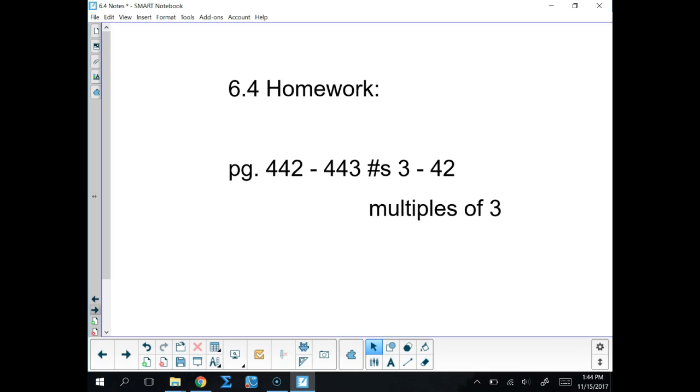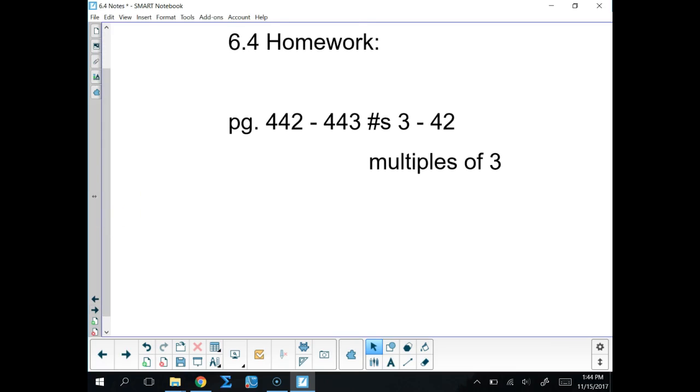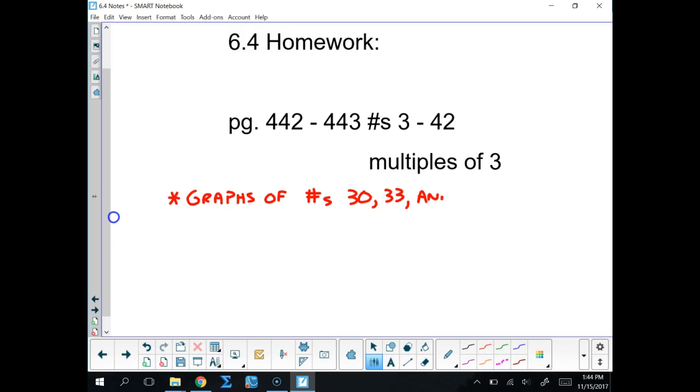Now, for this homework, there are 3 graphs.